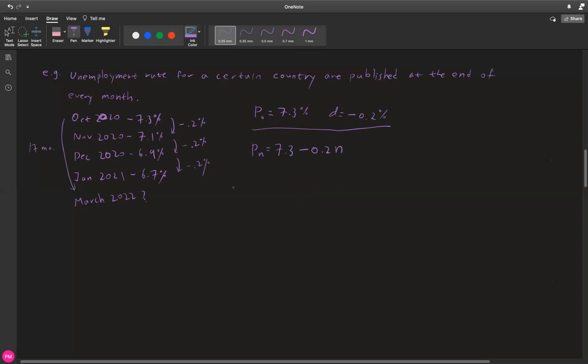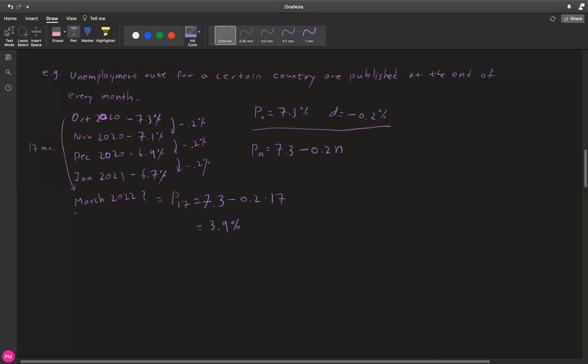So March 2022 is the same as P sub 17. Using 7.3 minus 0.2 multiplied by 17, that gives you 3.9%.